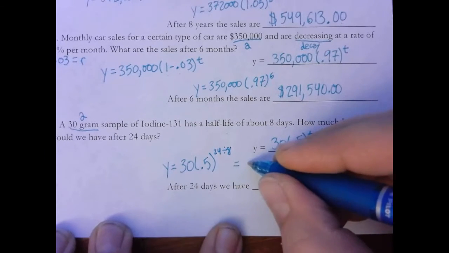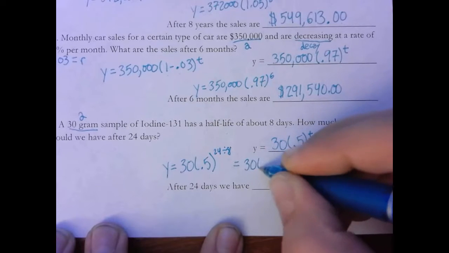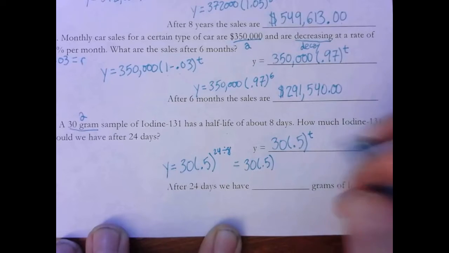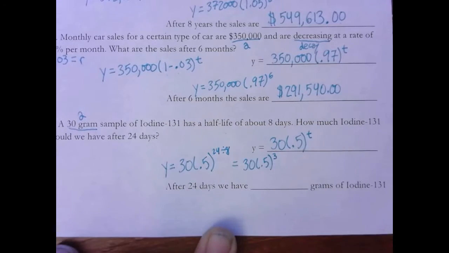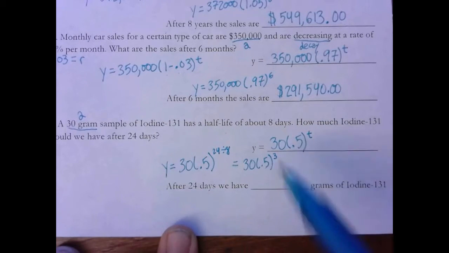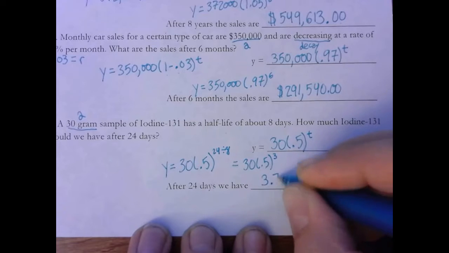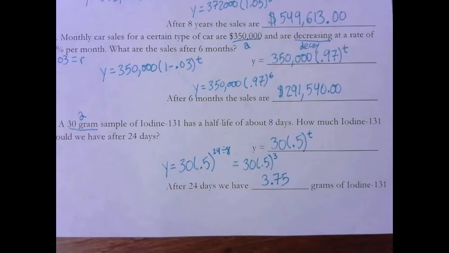So let's make that a little simpler. So that's 30 times 0.5. Well, 24 divided by 8 is 3. So this is what we need to calculate. 30 times 0.5 to the third power. And when you calculate that, you'd find out that we have 3.75 grams of iodine after 24 days.